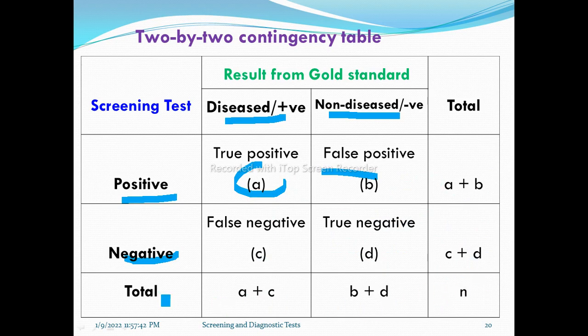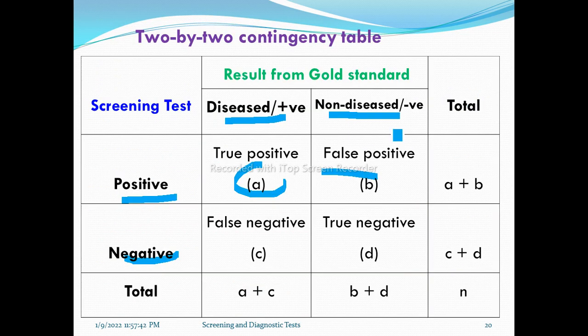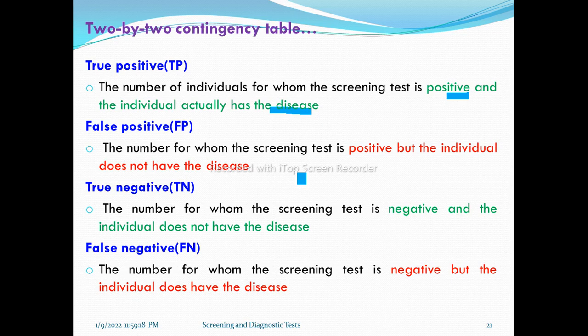So this is a very important thing. True positive is the number of individuals for whom the screening test is positive and the individual accurately has the disease. The individual has disease, and the test says positive, so we can say true positive.